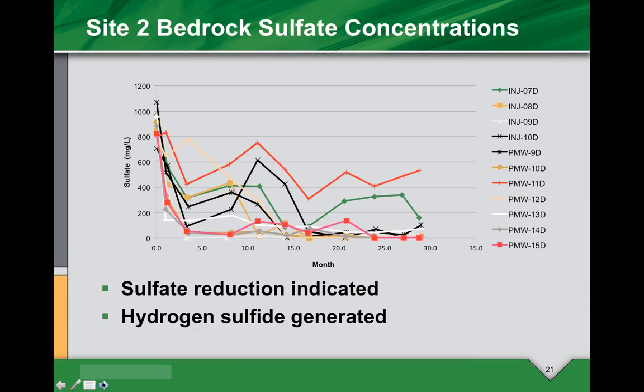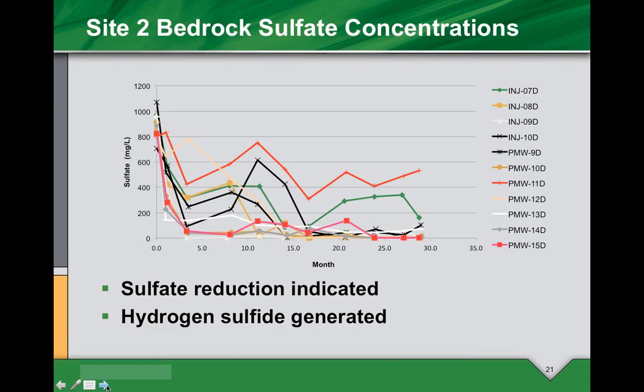Jumping right into some of the key monitoring data for this site. Here we have the concentration of sulfate over time, and you can see the sulfate decreasing after the first injection event, which occurred at month 0 in this graph.